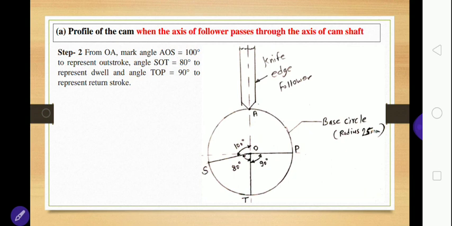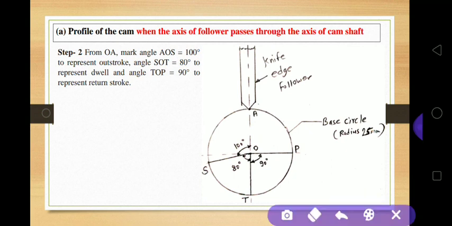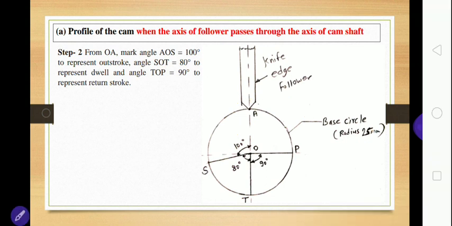These angles we draw from the OA line in anticlockwise direction. Why? Because the cam is rotating in clockwise direction, so we have to show all angles from the OA line in anticlockwise direction. So first 100 degrees on this side, then 80 degrees, then 90 degrees, and then the remaining angle for dwell again. So this is our second step.